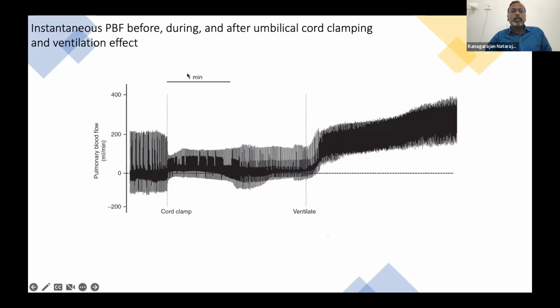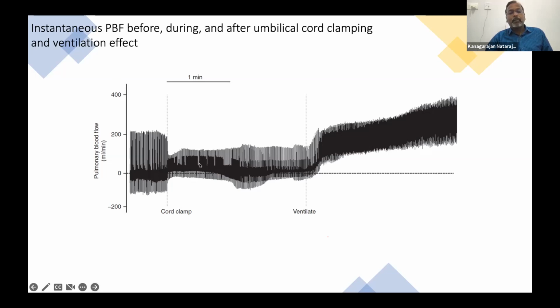Then this is what is happening before cord clamp. Then you clamp the cord, but the most important changes occur only after ventilation. So more than the cord clamping, it is the ventilation which makes a huge difference in the transitional circulation. If you look at this black color, that is before cord clamp, the pulmonary blood flow is just around zero, oscillating around zero.